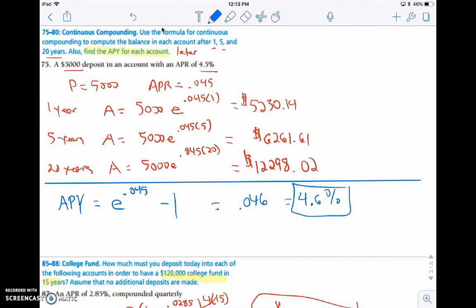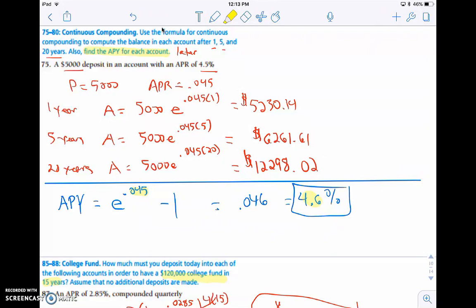So again, notice that compounding continuously, we actually get a 4.6% annual yield when we started out at 4.5% for our yearly. So again, that's how this compounding will affect those yields.